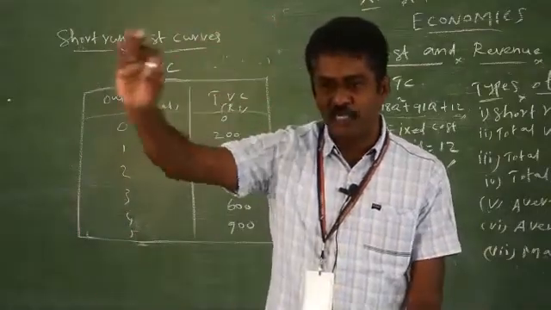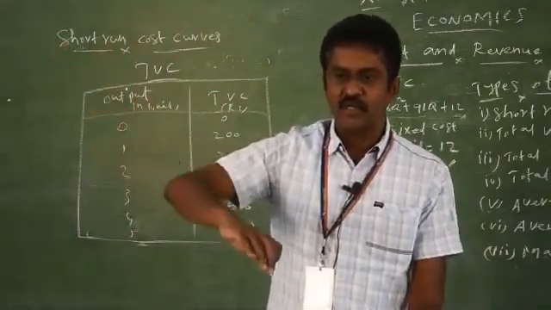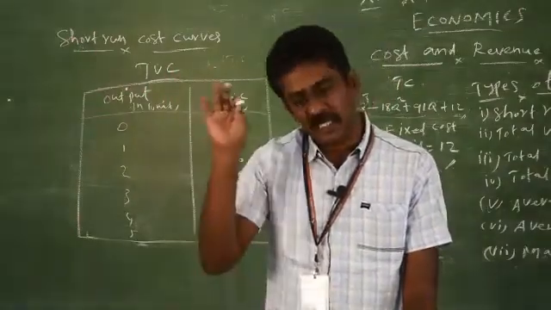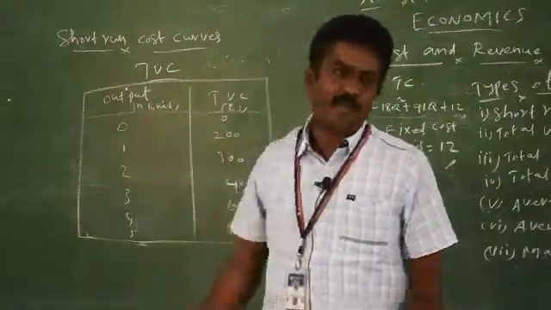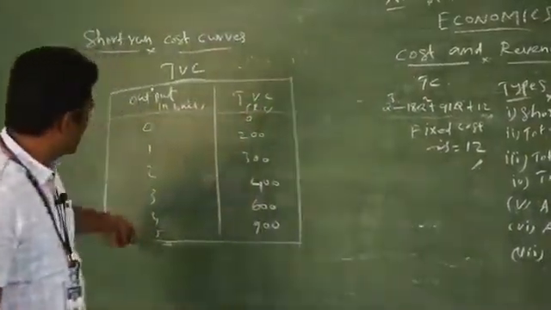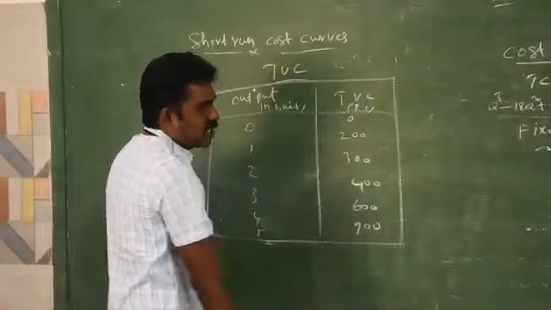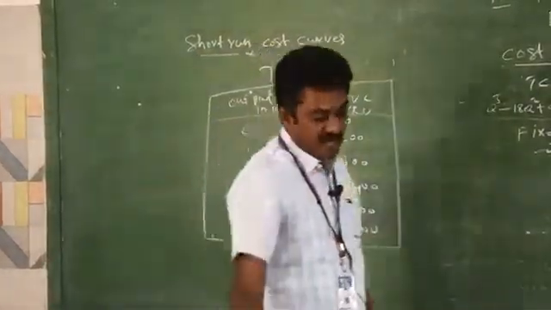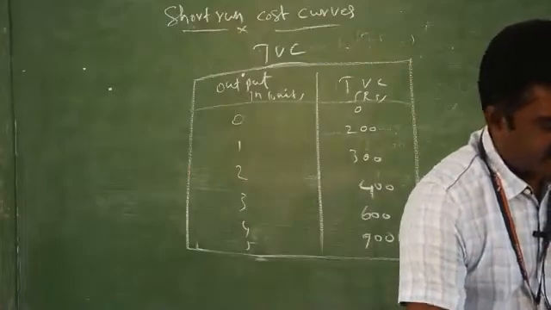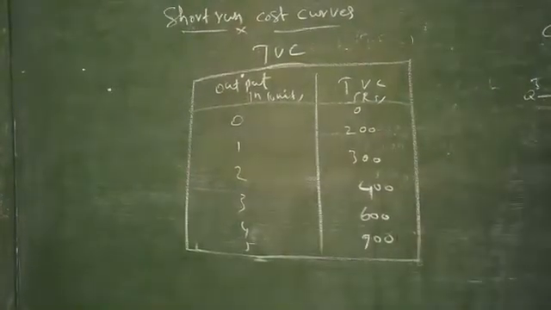Even when the output is 0, it does not change with output. That is the total fixed cost, explained with the diagram and table. Now the total variable cost: as output increases, variable cost also increases. It is a variable cost. So it is shown via the diagram.